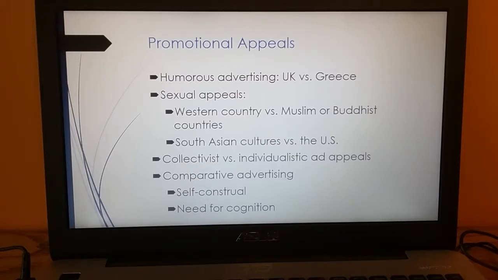In contrast, Greeks prefer neutral, humorous advertisements whose appeal is not perceived as very offensive, so those were considered more suitable. So again, we talked about collectivist versus individualistic appeals, depending upon what the country is focused on. Collectivist is this idea that everybody is sort of working together. Individualistic is this idea that everyone's out for themselves.